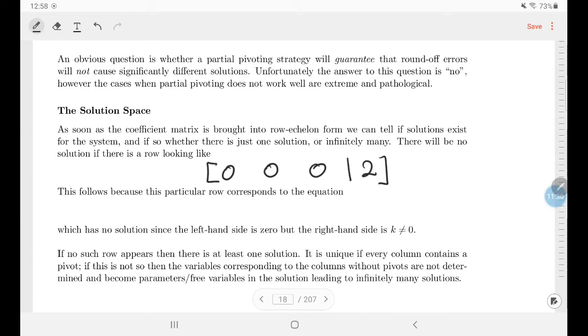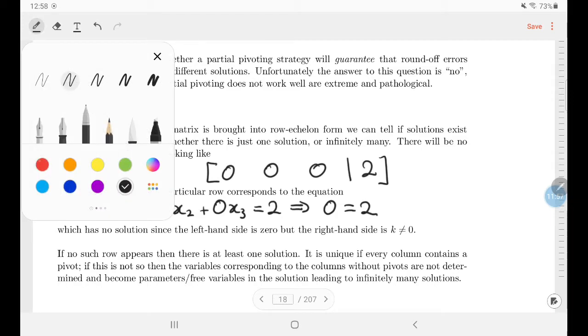Now, if this 2 is 0, there's no problem. But look at what this row corresponds to. Say it's x1, x2, x3: this says that 0x1 plus 0x2 plus 0x3 must equal 2. But of course, 0x1 is 0, 0x2 is 0, 0x3 is 0. Add those zeros together, you get 0 is equal to 2. And this is absolute nonsense.